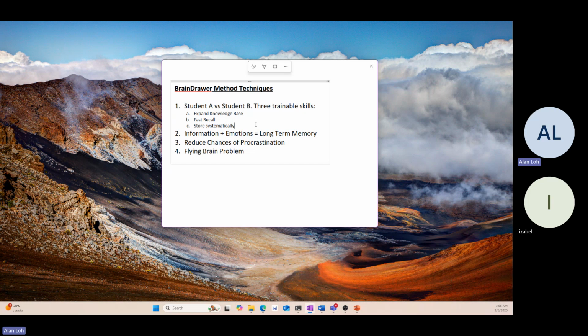Student A, who is smarter, compared to student B, who is a normal student, right? So that is the first principle that you need to know, because later we will be using this in the steps. Some of the steps, I'll tell you, focus on, for example, trainable skill number 2, fast recall, or trainable skill number 3, systematically storing your information.